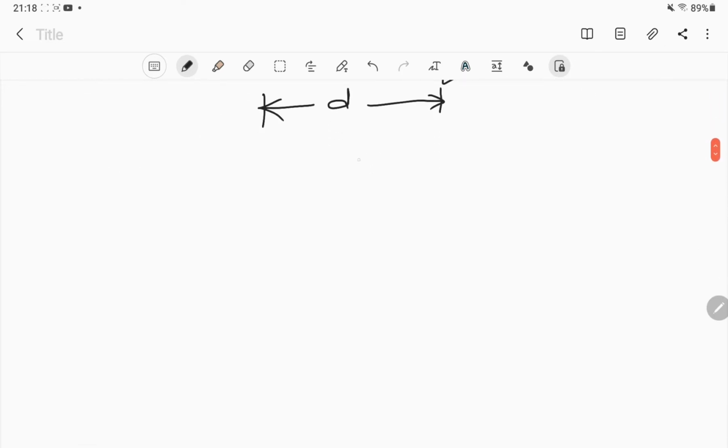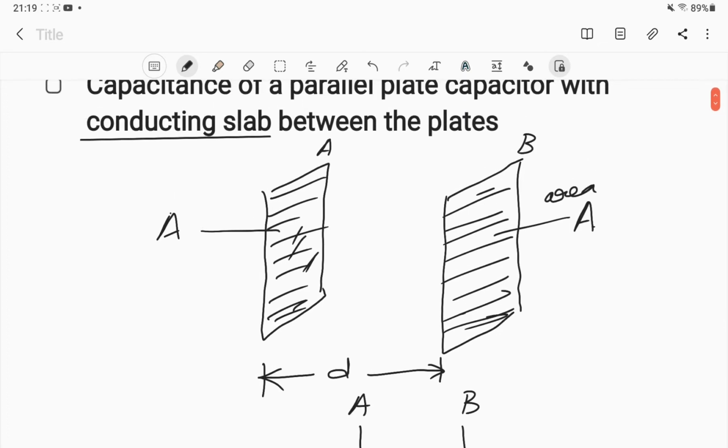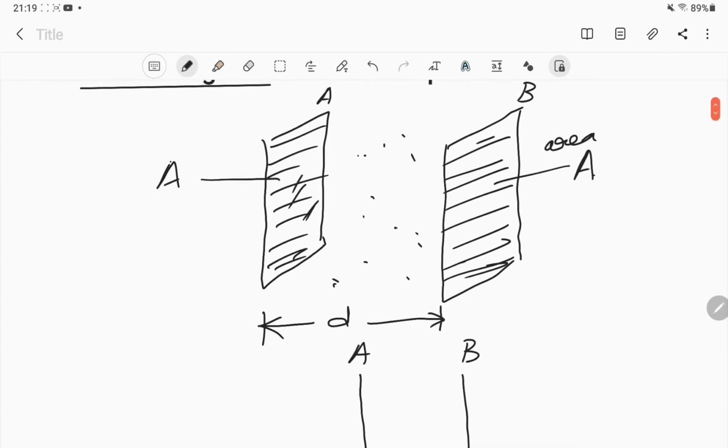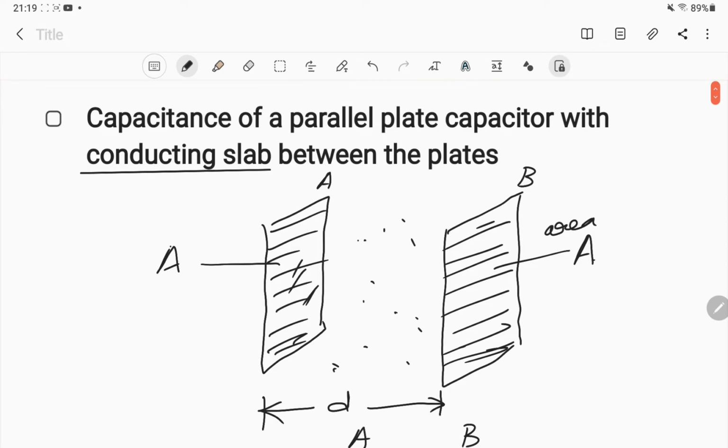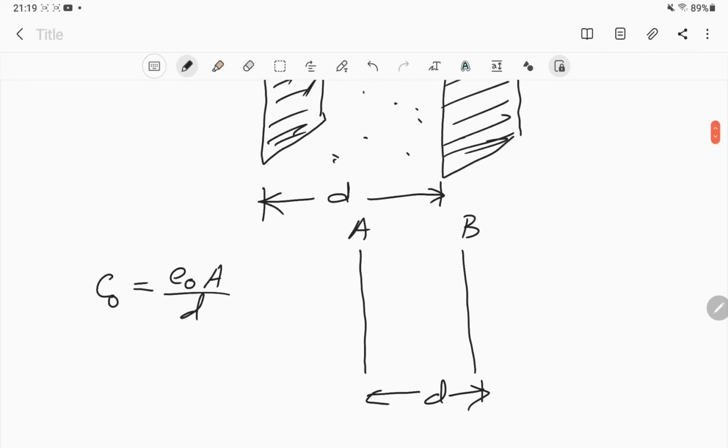Or we can represent it like this also. So this is plate A and B, and this distance is D. So in this case, when initially there is nothing, only air or vacuum, the capacitance of the parallel plate capacitor is given by C equal to epsilon naught A by D. I will write C naught.